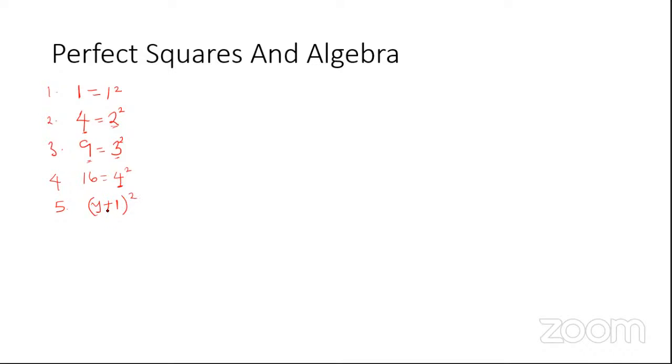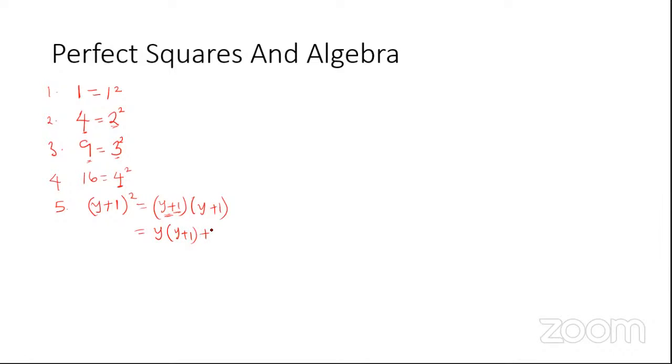So in algebra, let me see what this will give us when you expand. In our expansion, we write it twice. Then you dismantle one of the brackets and use it to multiply the other. When I dismantle this, I have y plus 1, and I'm going to have plus 1 left here.